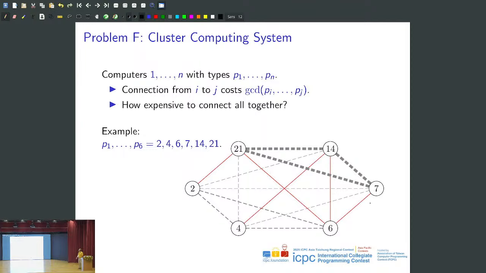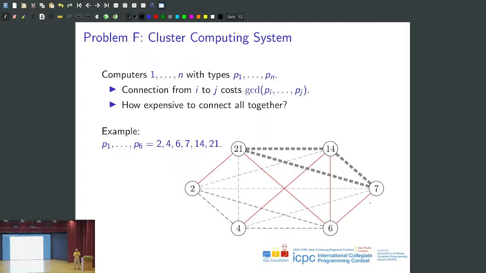And now let's be a bit slower. Next problem, F, cluster computing systems. Here you have n computers, and they have types, where a type is a number, and you want to connect the computers together. It looks like a minimum spanning tree, but the cost of the connection between computer i and j is the GCD of all the numbers between Pi and Pj.